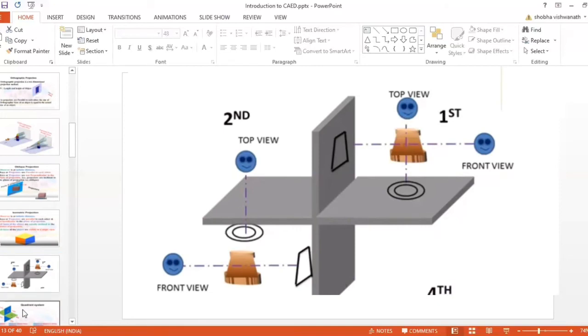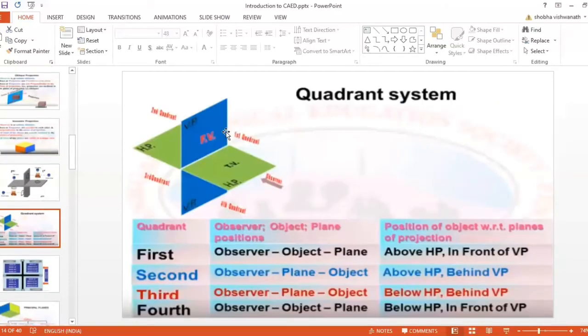Now, coming to the quadrant systems, you have four different quadrants. What you represent on the vertical plane is always called the front view. In the top view, what you represent is always on the horizontal plane. In the first quadrant, you place the object above HP and in front of VP.